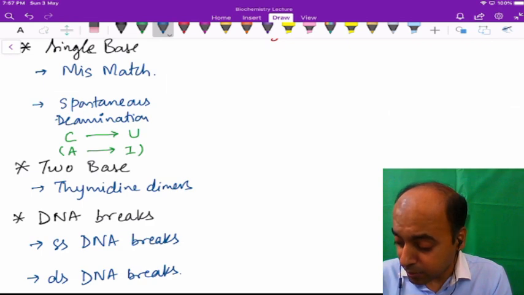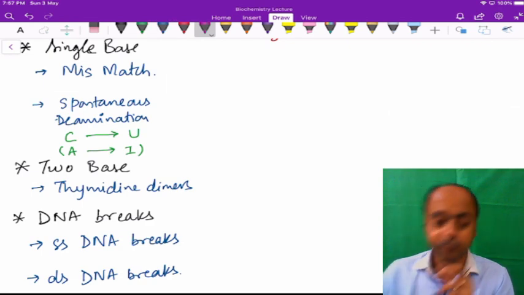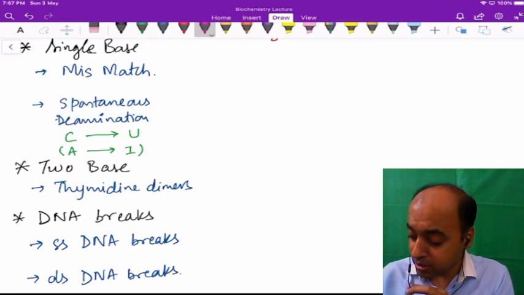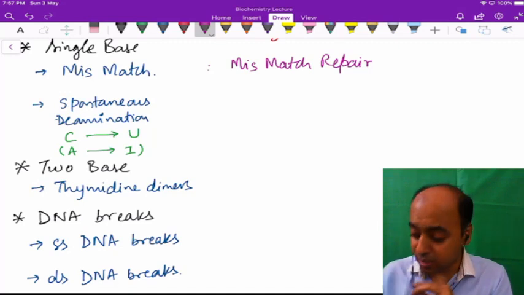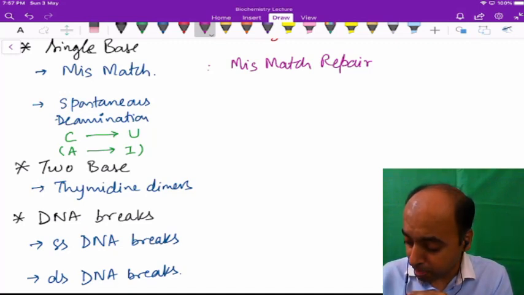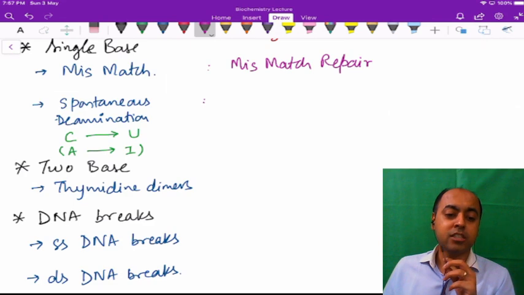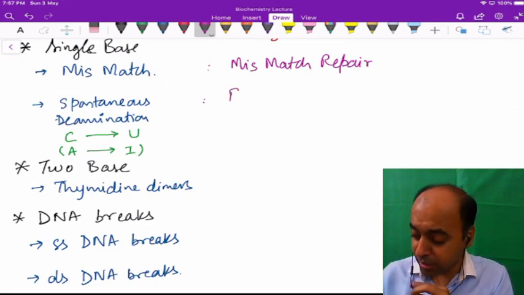Looking at the repair mechanisms, for mismatch, we simply have what is known as mismatch repair. For spontaneous deamination, we have the repair mechanism known as base excision repair.